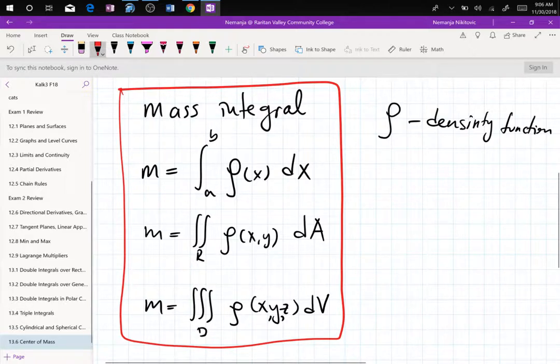You will look at the shape of the object and say, oh, I'm using rectangular, polar, spherical, or cylindrical coordinates. That depends on the situation you have. You are only learning here that the mass is the integral of density. That's it, right? The way to compute this is going to be given to you.